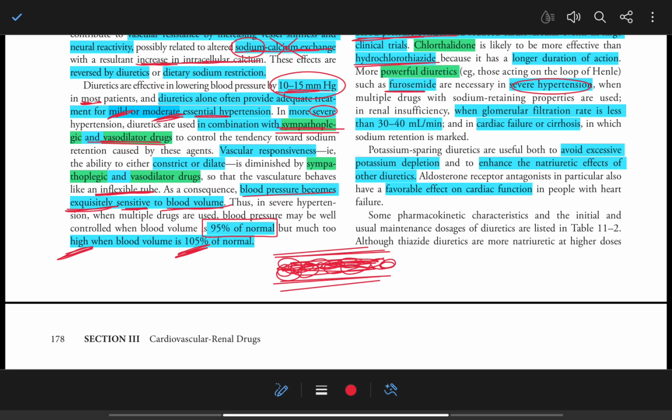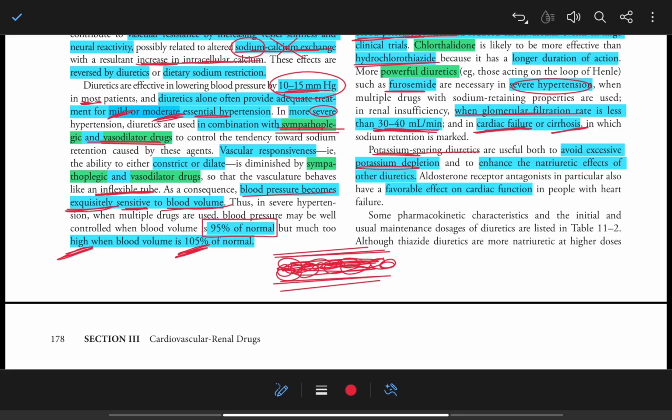Alright, so apart from that, we also have the potassium sparing diuretics, which is your spironolactone. Okay, so these ones are useful to prevent excessive potassium depletion, because the main side effect of taking diuretics is potassium depletion, and to counter that side effect, we usually mix them together.